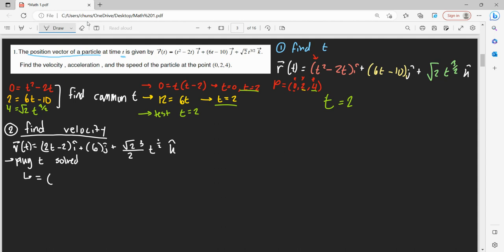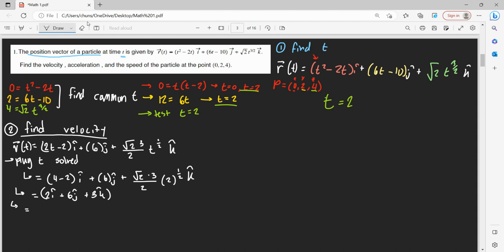So that's 4 minus 2, i, plus 6, j, plus 2 times 3 over 2 times 2 to the half. That gives us 2i plus 6j, and this is square root of 2 times square root of 2, so that's 2 over 2, which cancels and turns into 3k.